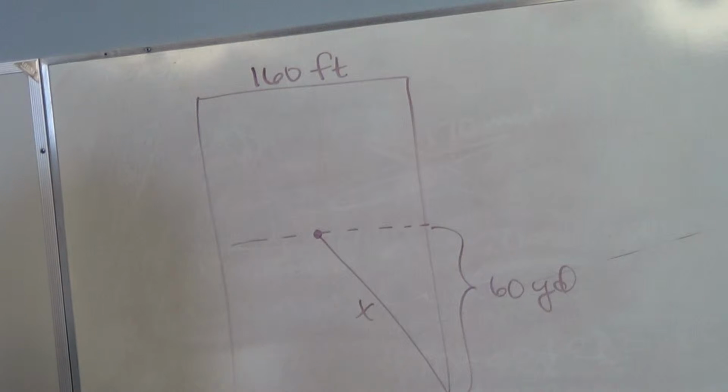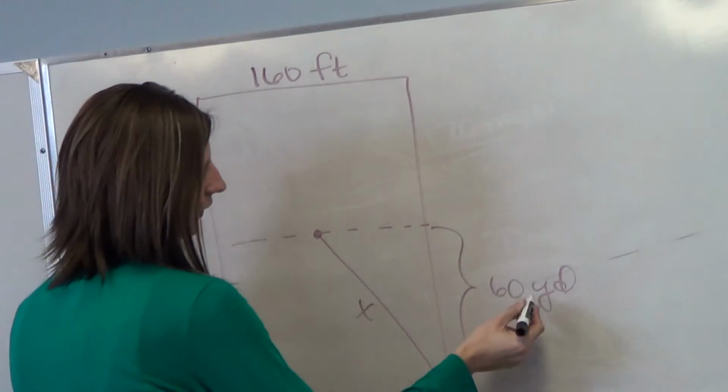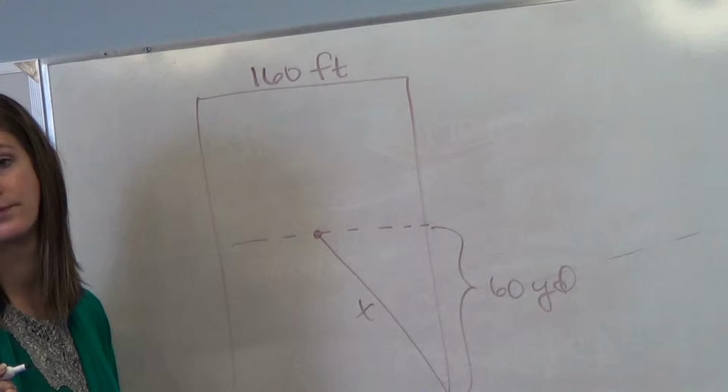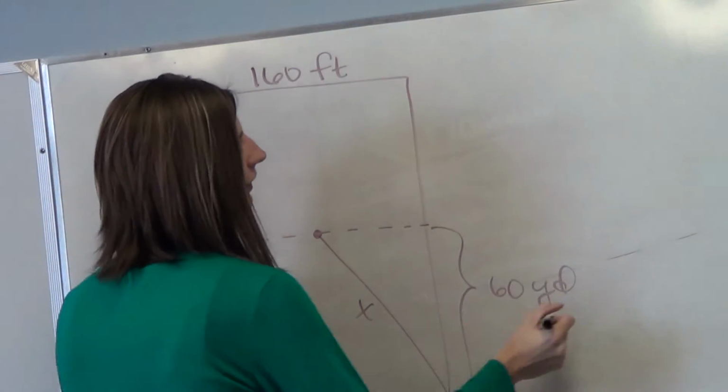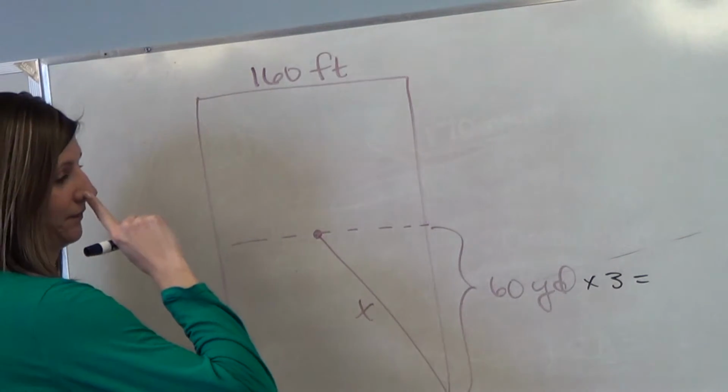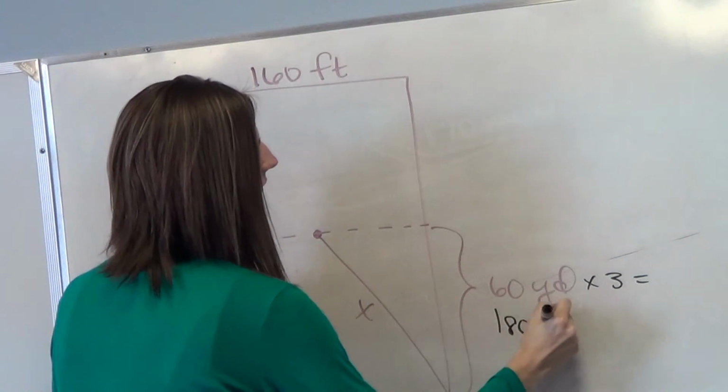Okay, so this is basically a Pythagorean theorem question. One thing that you do need to be careful of is that one of the measures is given in feet and the other one is given in yards. So I would probably convert them both to feet. If you convert yards to feet, how would you do that? 3 feet in 1 yard. 3 feet in 1 yard, so that would be 180 feet.